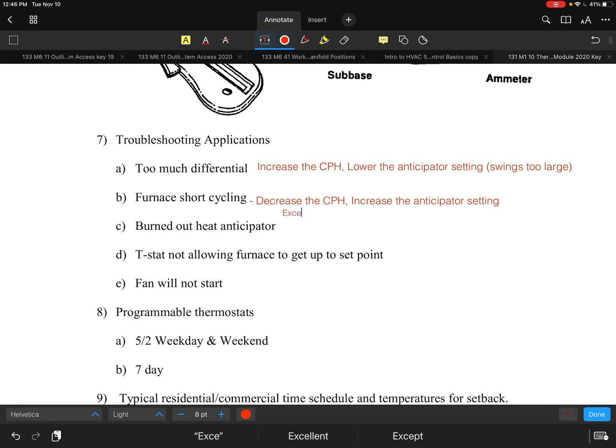So how you end up with a burned out anticipator is excessive heat circuit amps. That's the only way it's going to burn out, and like I said, it could be the spark. But in every situation, I can tell you there will be no heat call.